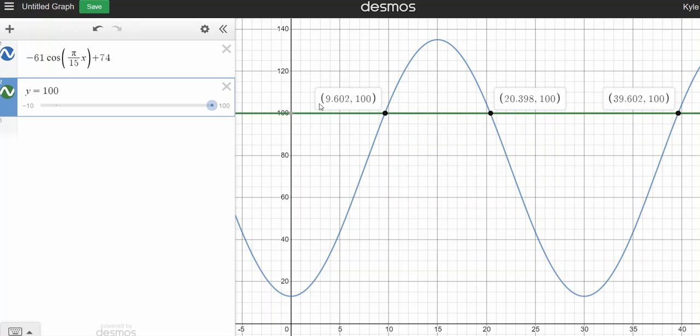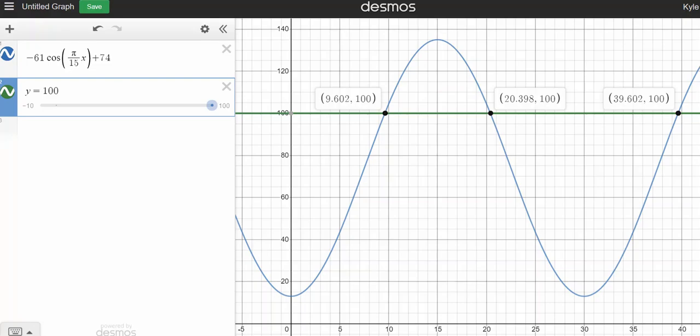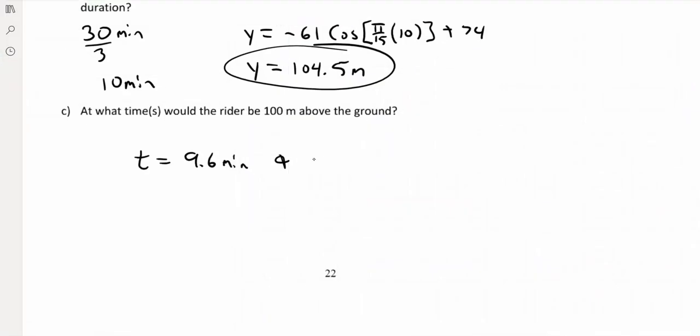So we can just read right from the graph: the times would be 9.6 minutes and 20.4 minutes.